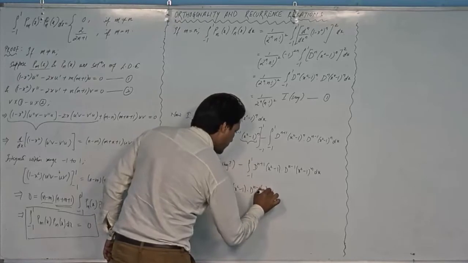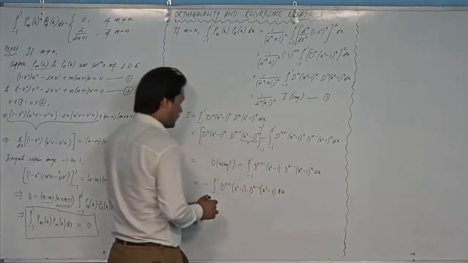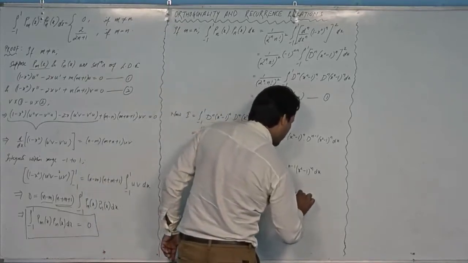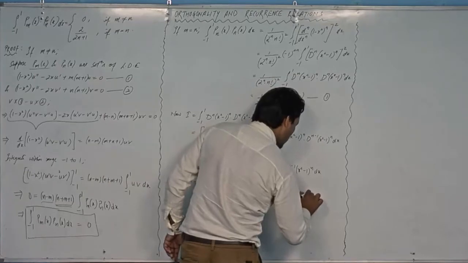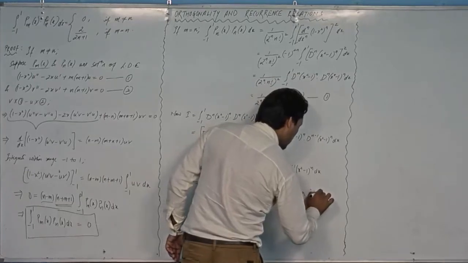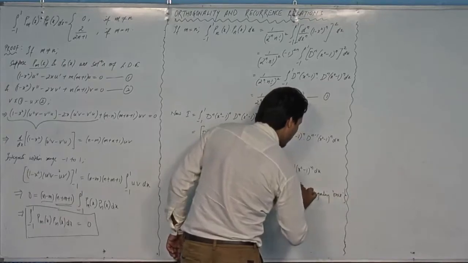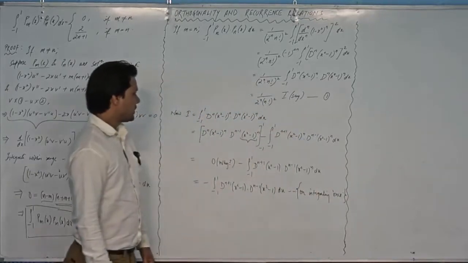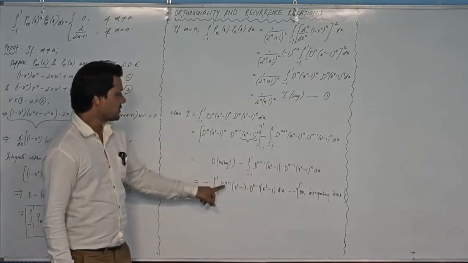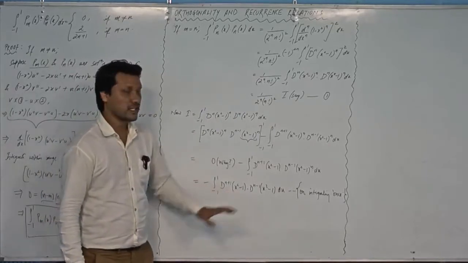So this is the result after integrating once, right? So on integrating it once, I am getting d^(n+1) and d^(n-1).